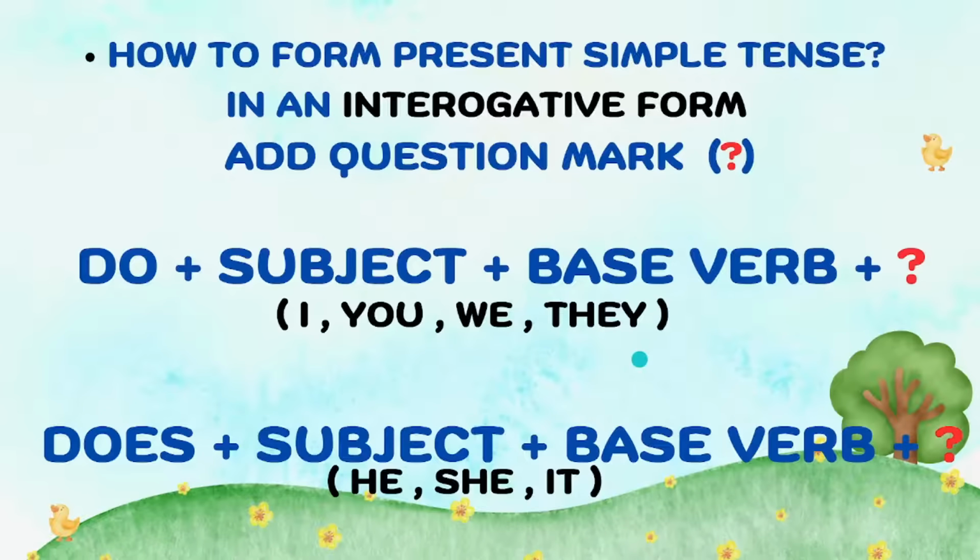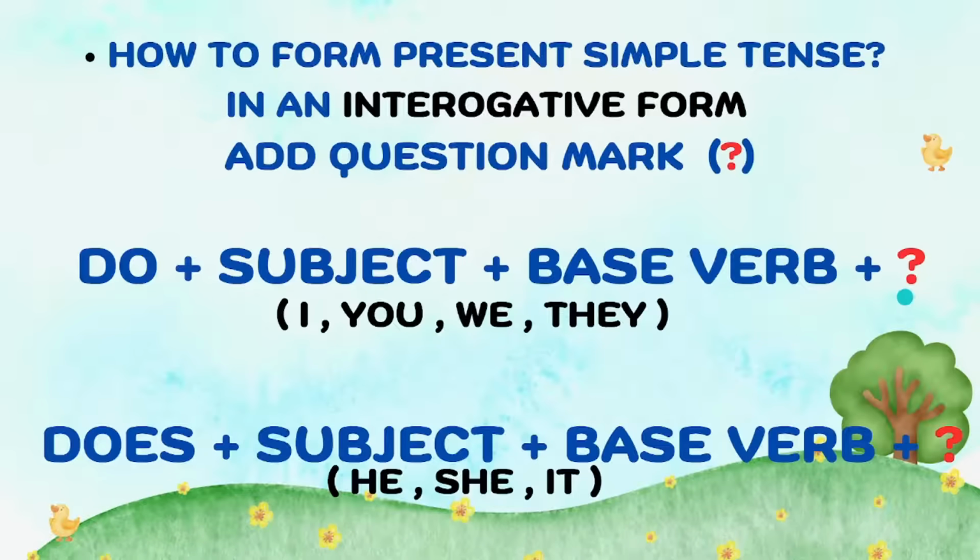When we say pronoun, I'm sorry, a pronoun represents the noun, so we will refrain from repeating the subject again and again. Now, plus the base verb, plus the question mark or the punctuation mark.